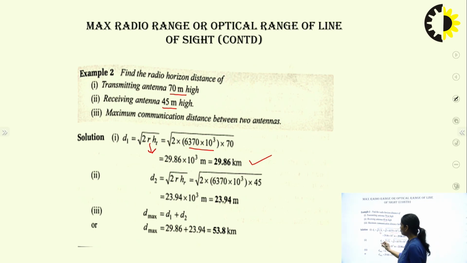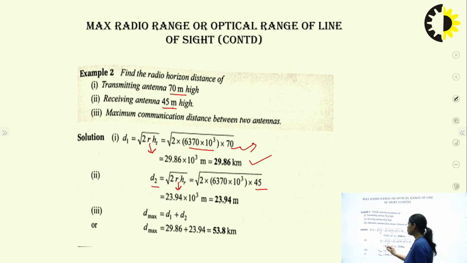Now similarly you can find out d2 is equal to under root 2R h_r. So put here the value of R, that is equal to 6370 kilometers. So put here this value, and h_r is 45 given here in this question, and in the first part 70 is given in the question, transmitting antenna.